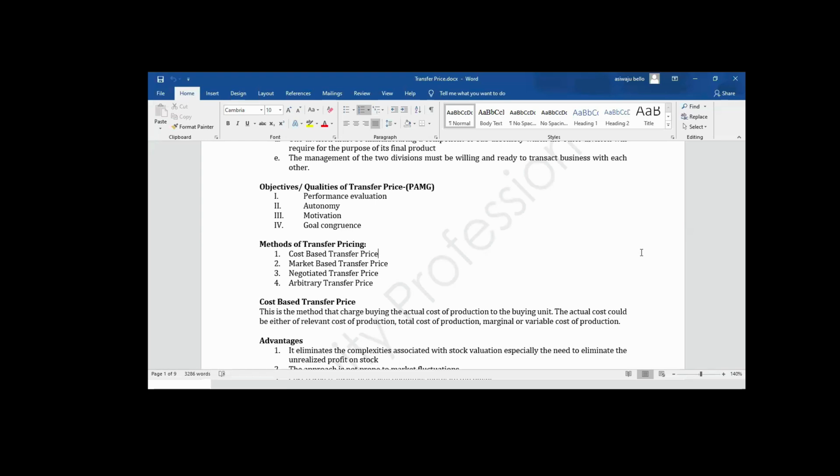Now look at Dangote Sugar, Dangote Salt, Dangote Cement, Dangote Bakery. These are divisions of Dangote group of companies. Dangote group of companies has a mission statement and a primary objective. If the objective of Dangote group is to make profits, then the objective of all the divisions should be to make profits.